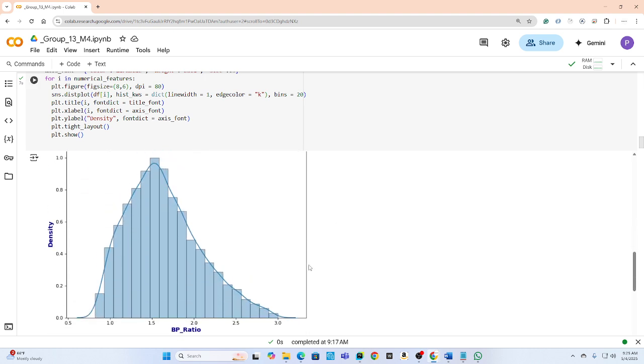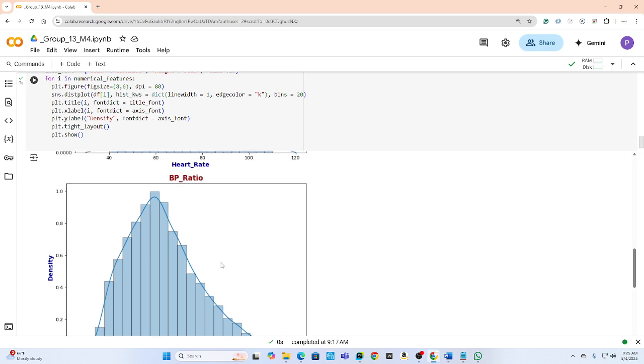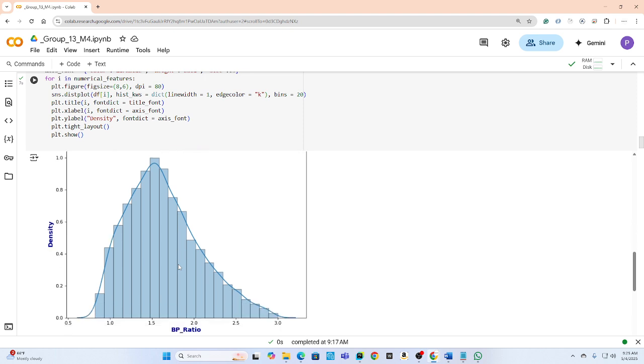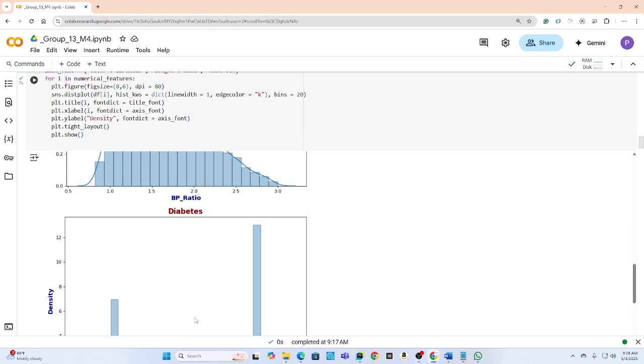The only exception we have is the bi-ratio, where between 1 and 2 we have the highest propensity, going up all the way to the peak at 1.5 and coming down.